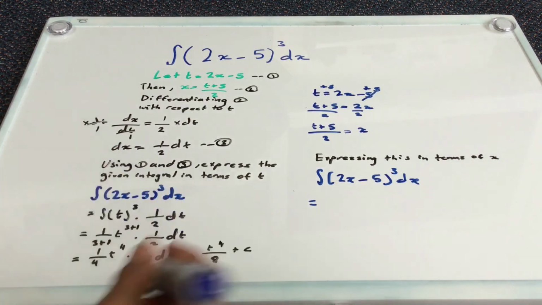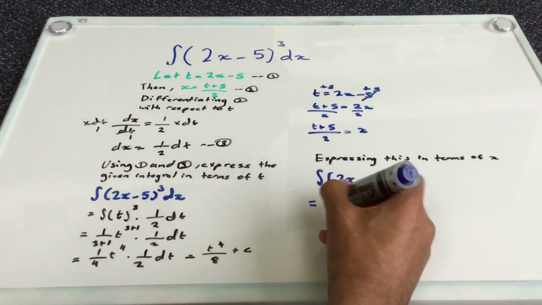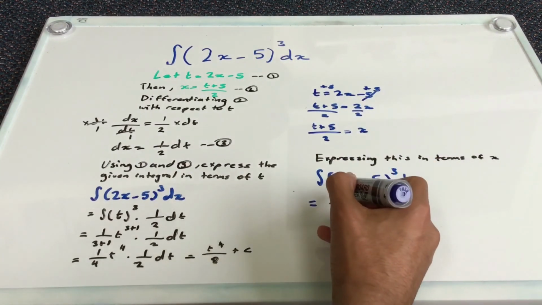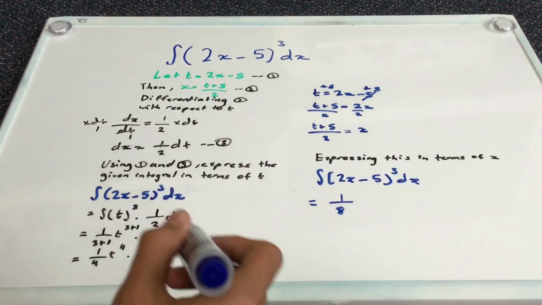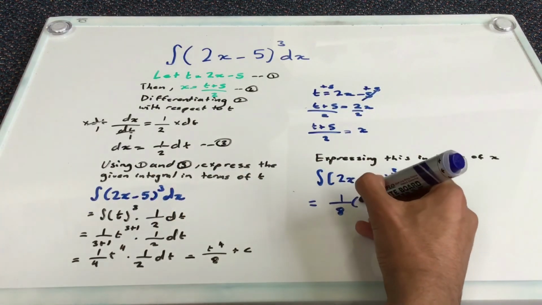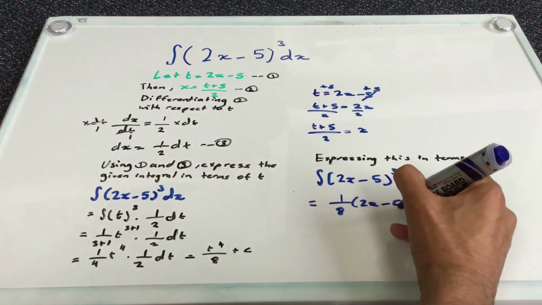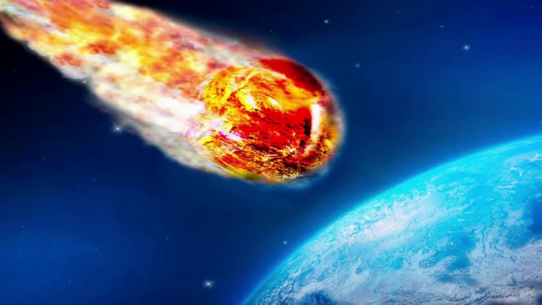So we're going to put it back into our equation. So I'm going to go 1 over 8, (2x minus 5) to the power of 4, plus c.